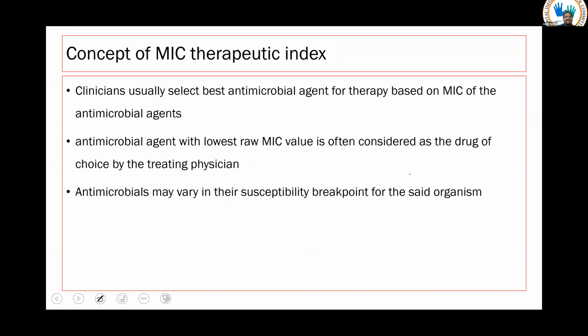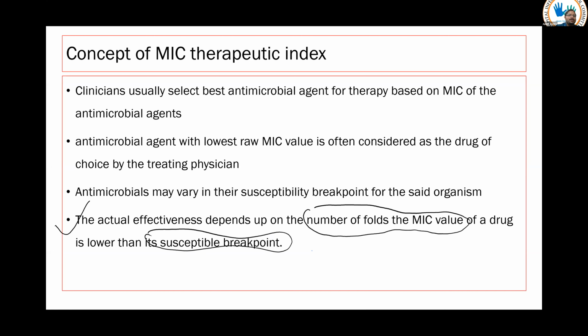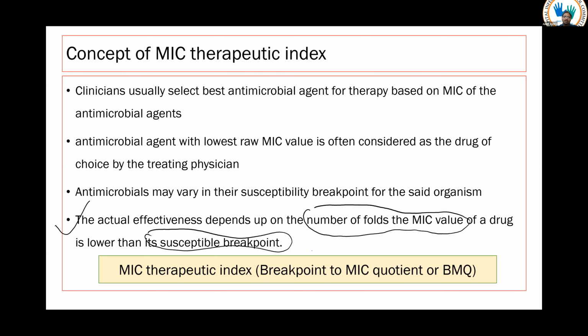So what is important is that the actual effectiveness depends on the number of folds the MIC value is below the susceptible breakpoint provided to us by CLSI, EUCAST, or any such governing bodies. Based on that, the concept of MIC therapeutic index, which is also referred to as breakpoint to MIC quotient, or BMQ.